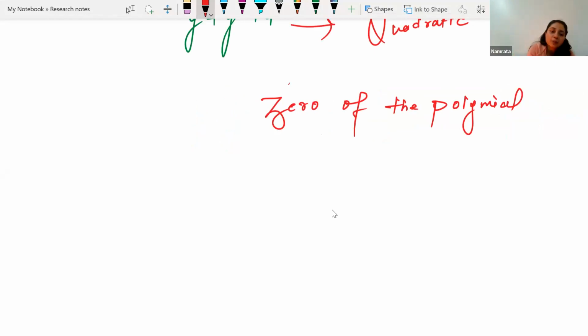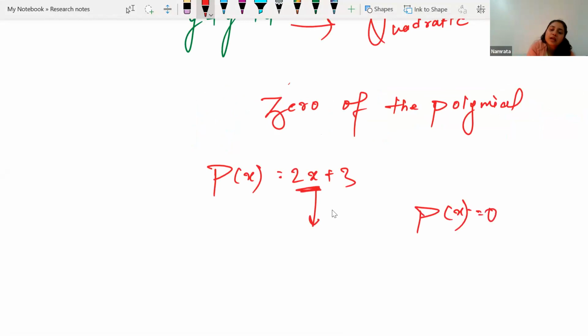So if we are having a polynomial px is equals to 2x plus 3, what will be substituted at the place of x so that this px will completely be 0? That is called the 0 of the polynomial. Such a value of x which will make the whole polynomial 0.